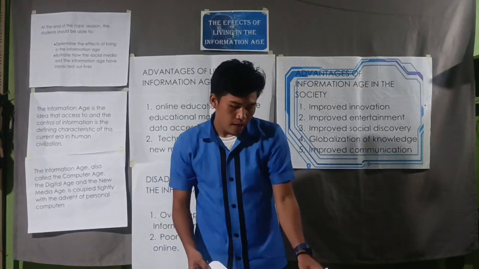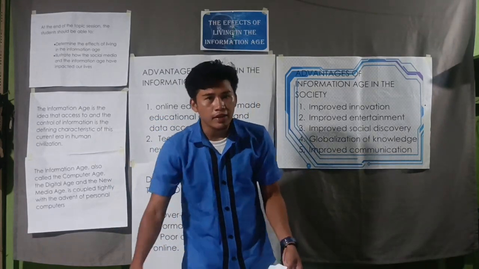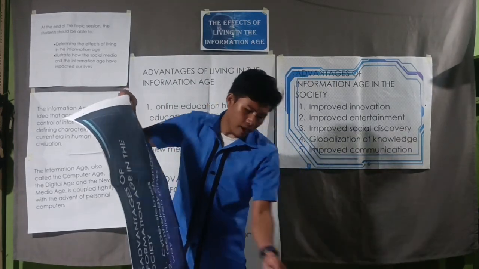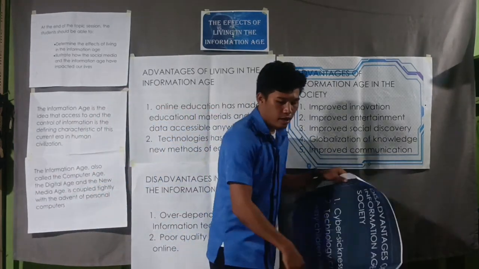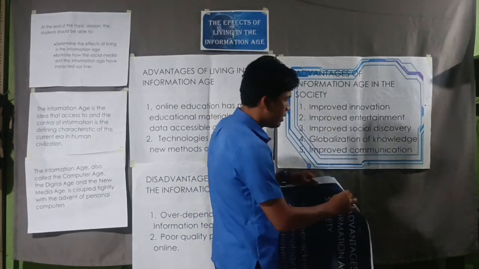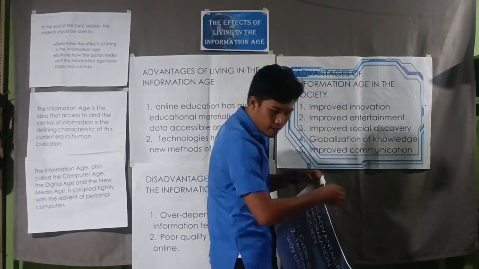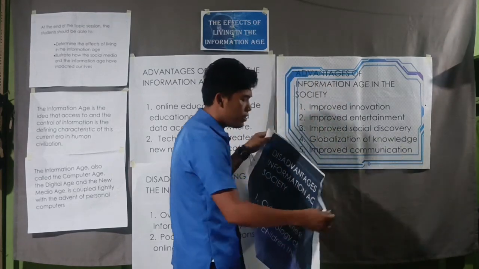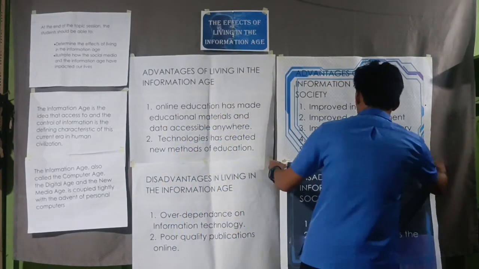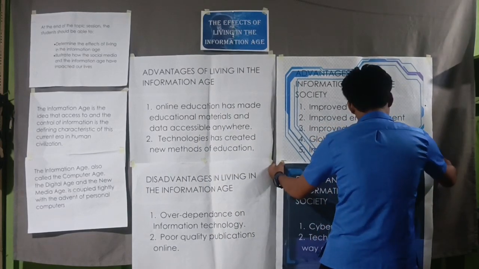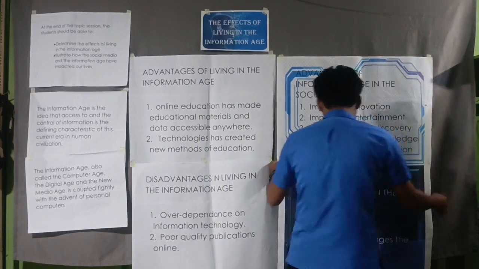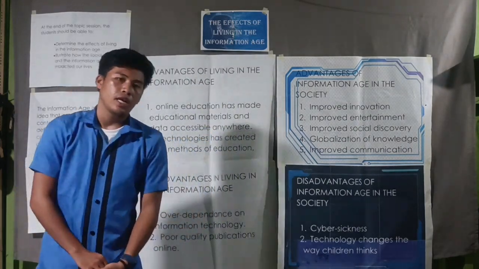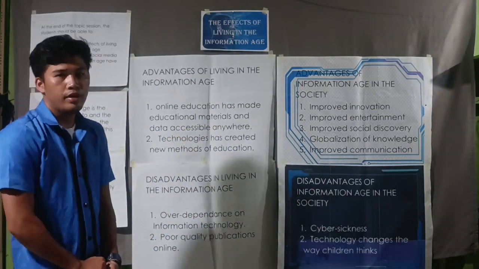But there are also disadvantages of this. Just like what I've said earlier, or what Vanessa said earlier, one of the disadvantages of the information age in society is cyber sickness, or too much addiction to the internet.